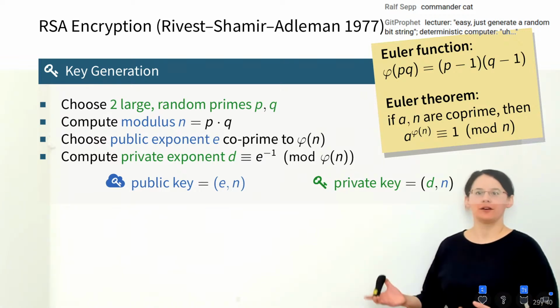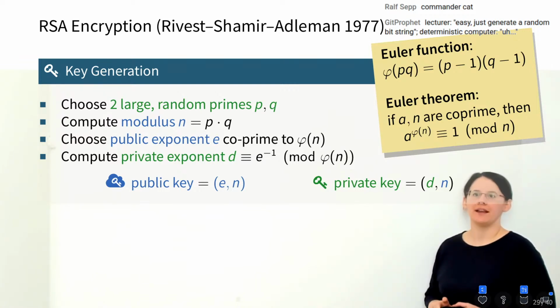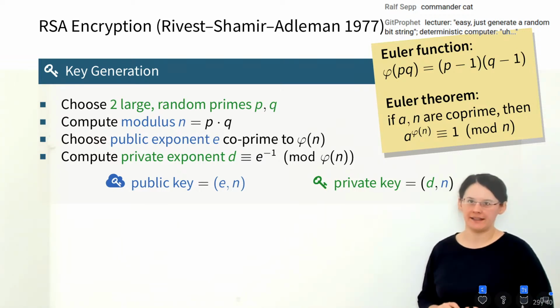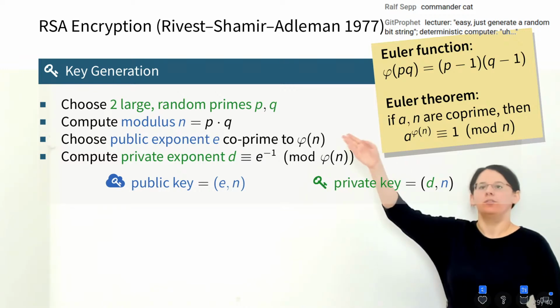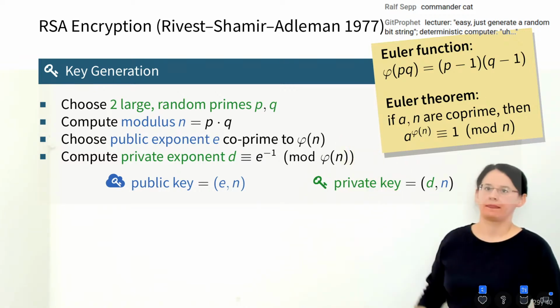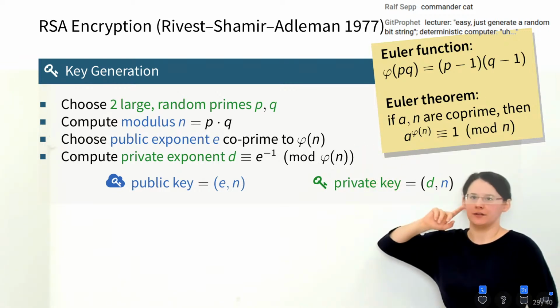In addition to that, we are going to need to generate even more random or non-random stuff. Namely, we need to choose a public exponent, which is called e, and which must be relatively prime to phi of n. We will get in a moment to why this is a necessary condition.